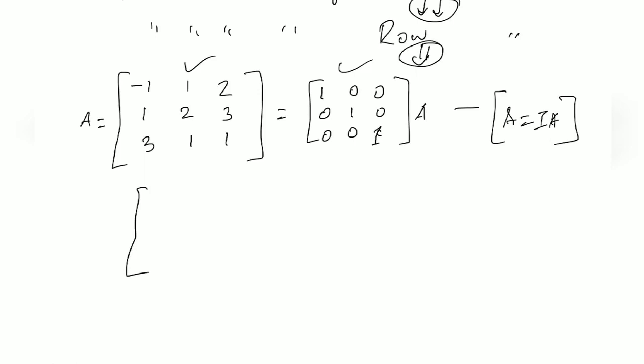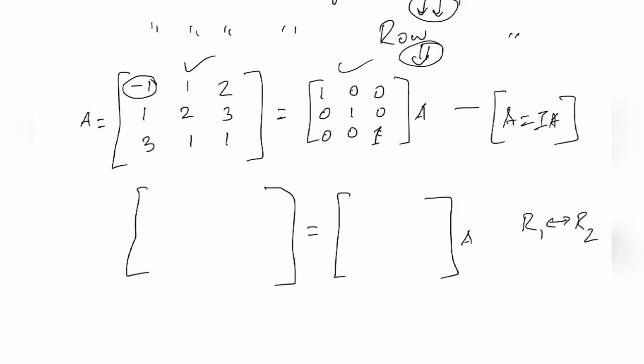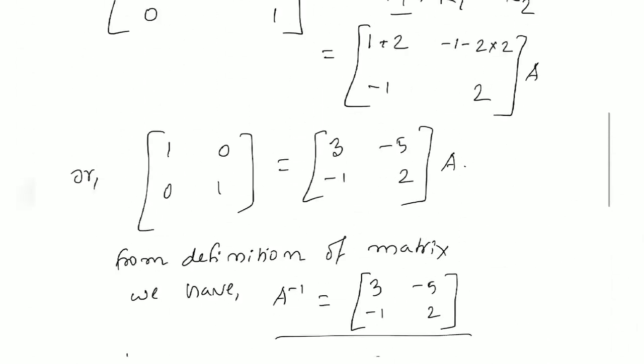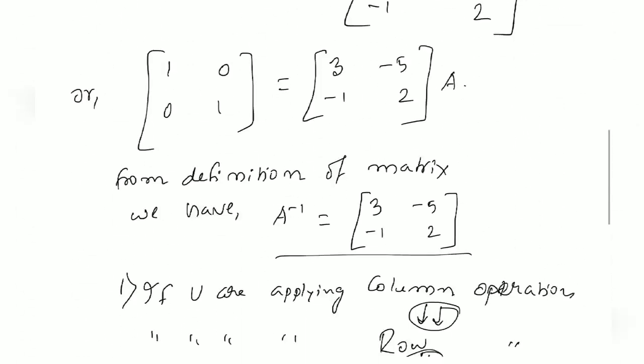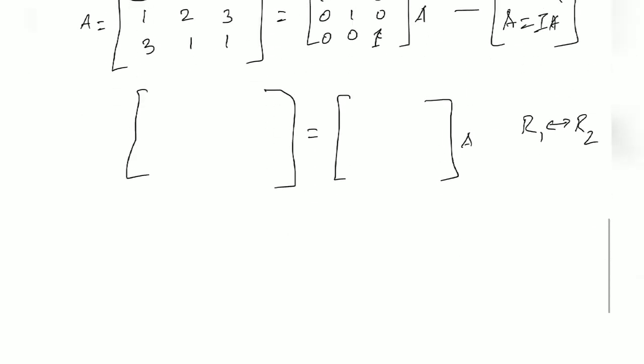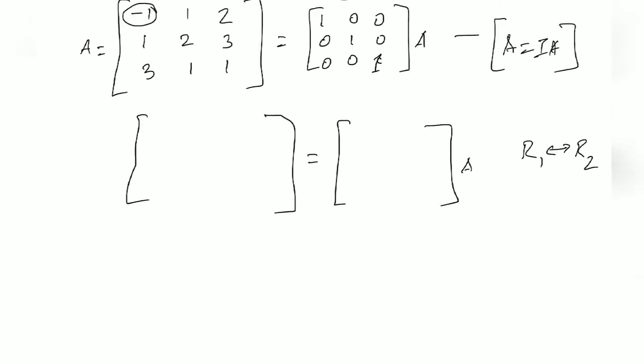Now, what we should apply is the elementary operation, right? So this matrix is equal to this into A. What operation will we apply? Obviously, we'll apply R1 interchange with R2.